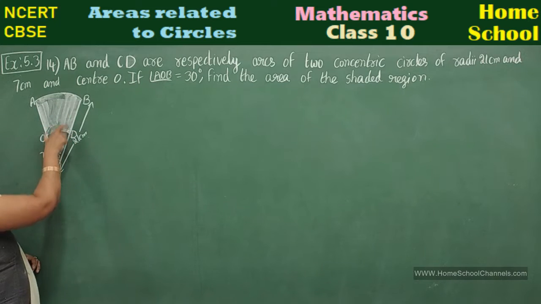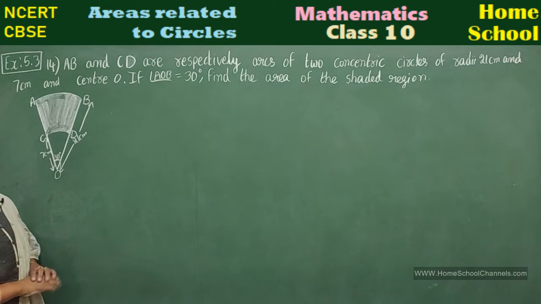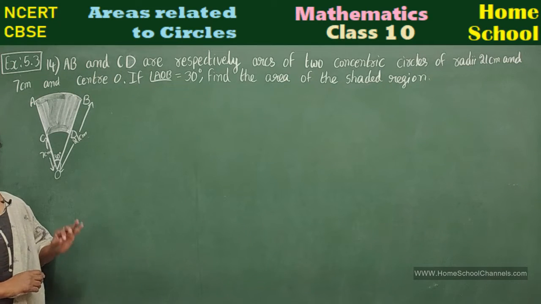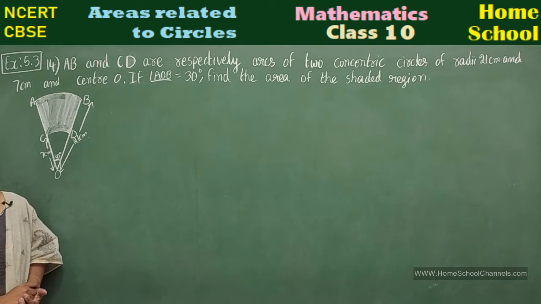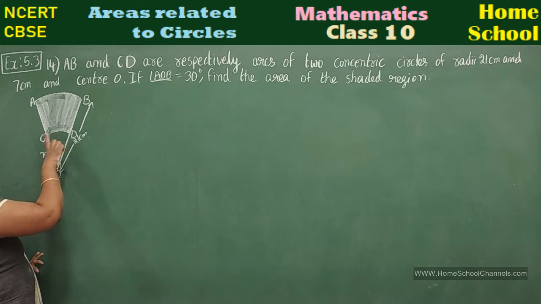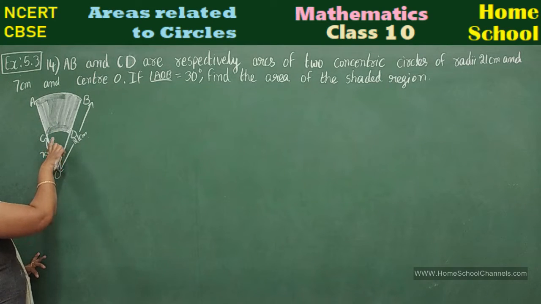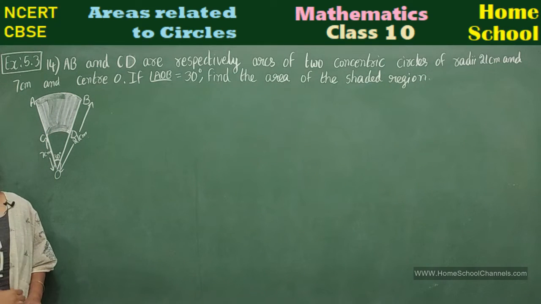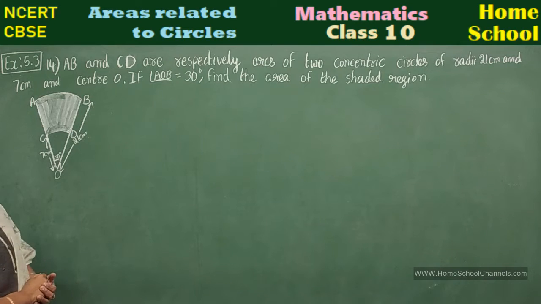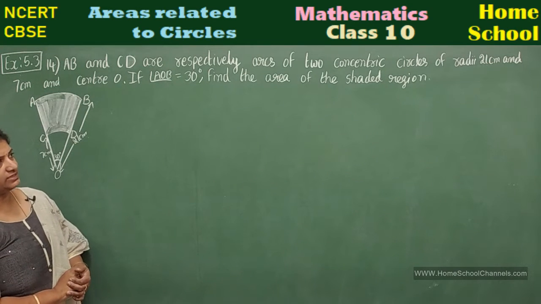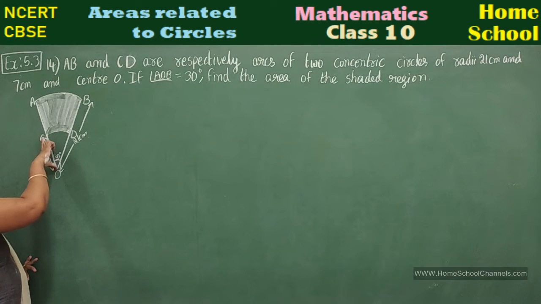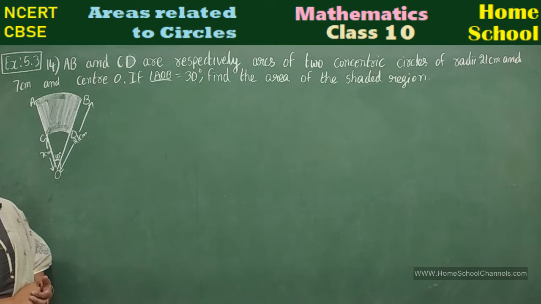This is a sector of two concentric circles. The other major sector part is not there, only the minor sector part is here. This is one circle's sector and this is the big sector for the big circle. Now, the radius of the two circles: this circle's radius is 7 centimeters and this circle's radius is 21 centimeters.